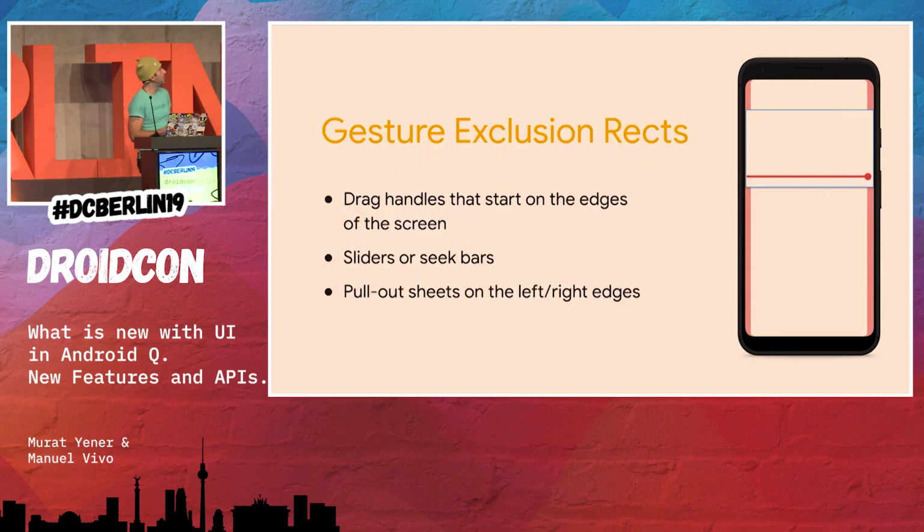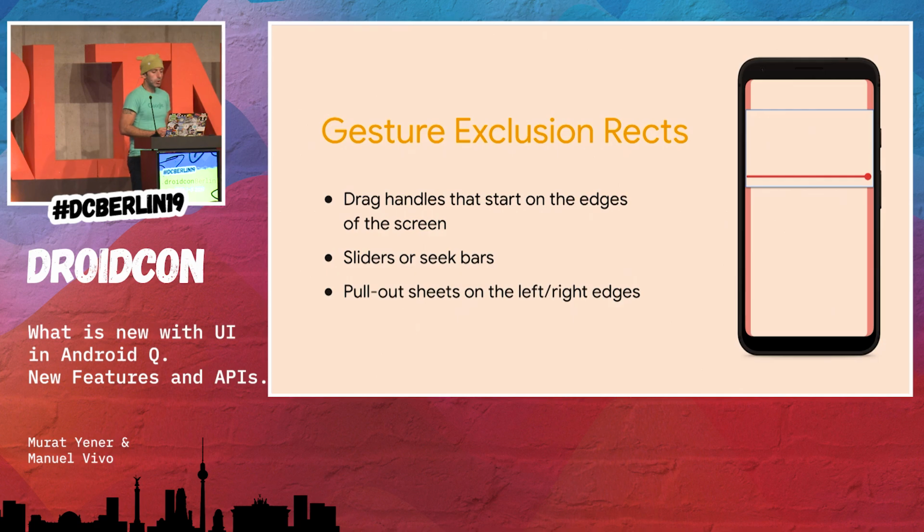Still, as I mentioned, you may need some controls which need to stand on the edges of the screen. For example, sliders or video controls. Another example from yesterday's talk was resizing images.